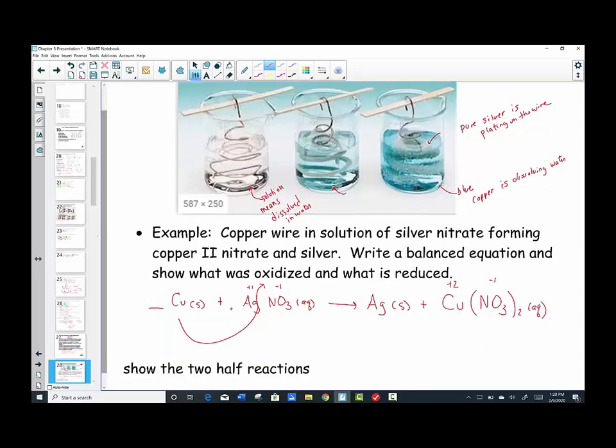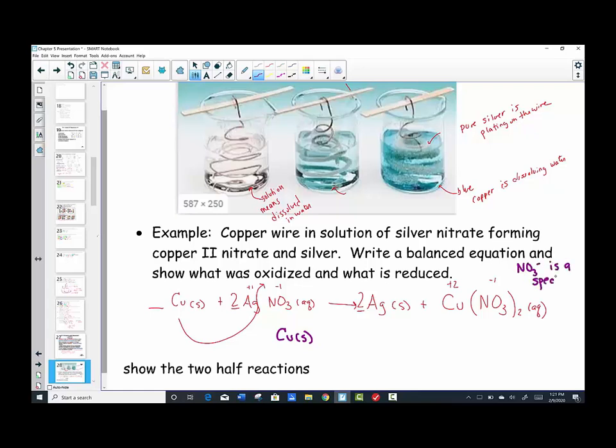So when copper reacts with silver nitrate to form silver metal and copper 2 nitrate, we have what's known as a redox reaction. And let's show how that occurs. I'm going to simplify this, get rid of the nitrate.